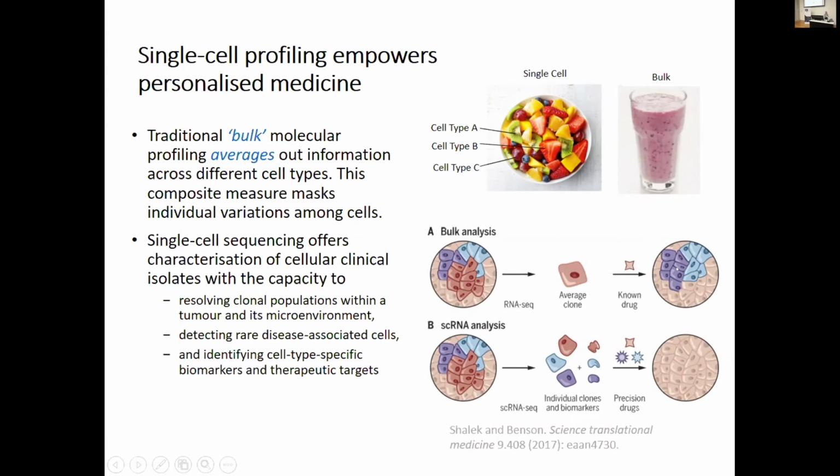But the cancer is still there, and that is why we see a lot of recurrence after treatment. If we go to single cell analysis, we can identify different compositions and subclones. We can identify subclonal-specific biomarkers and their corresponding treatments, and the cancer would be completely removed. This is how important it is to move on from bulk sequencing to single cell sequencing.